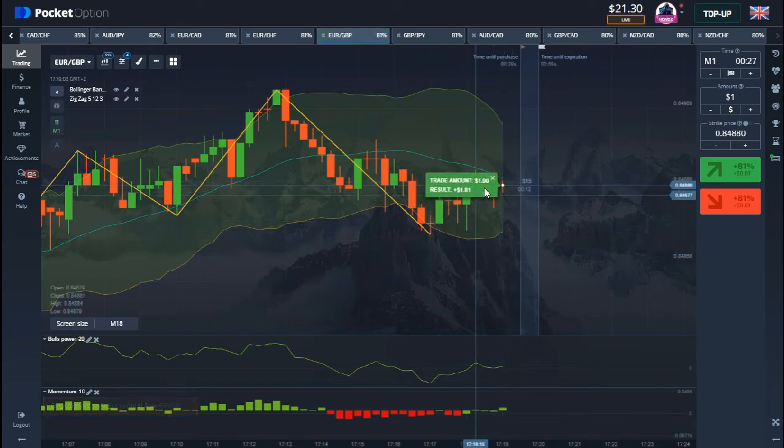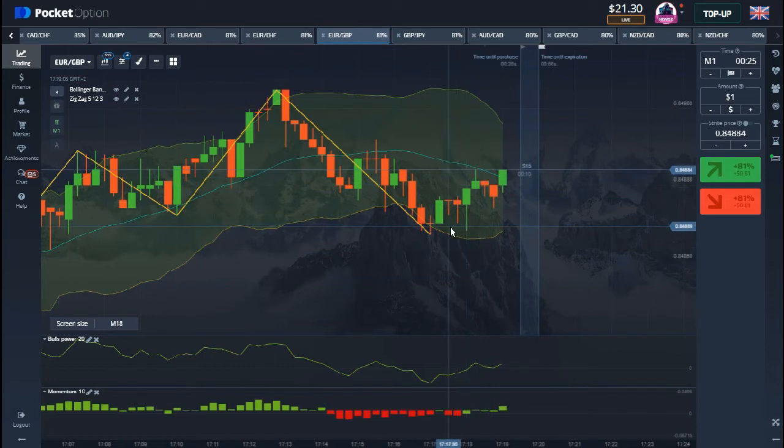Okay, here is the money. Here I took the trade. I put my entry here. Because it's come down, then I take the trade up.